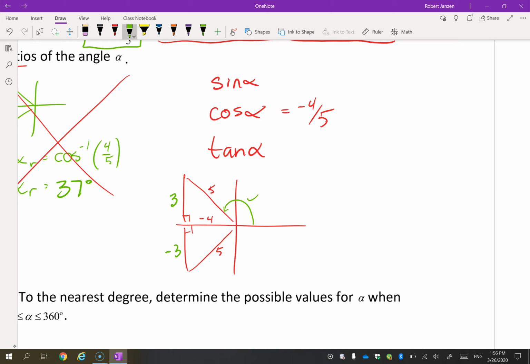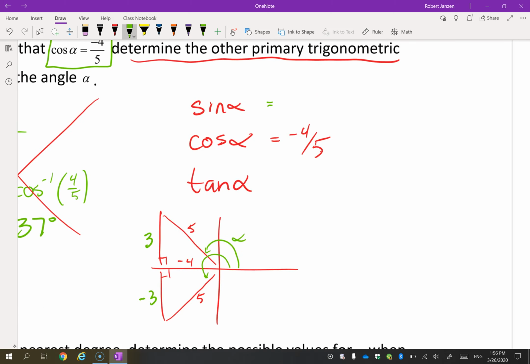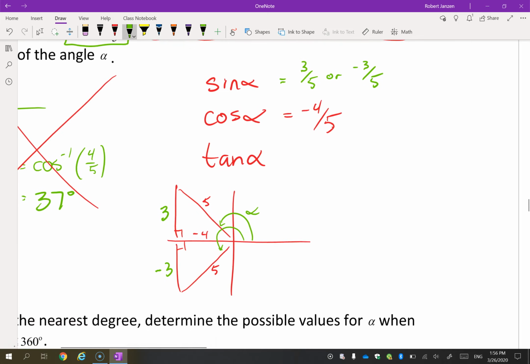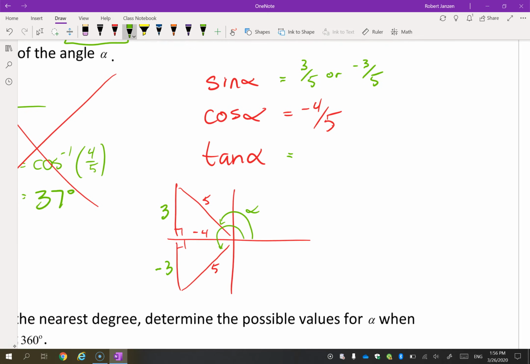And so I'm not sure, is the angle here or is it here? So I actually have two values for sine. It could be 3/5 or it could be negative 3/5. It depends which quadrant I'm in. All right? Tan is going to be either negative 3/4 or positive 3/4.